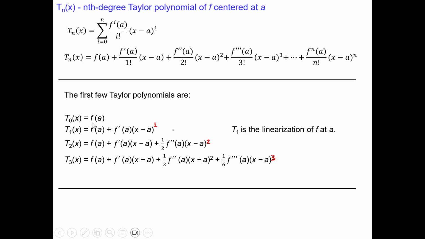Usually the number of terms differs: for instance, this one has 1, 2, 3, 4 terms, but the degree is third. Whatever is the highest degree of the variable, that's the nth degree, and that index will correspond.